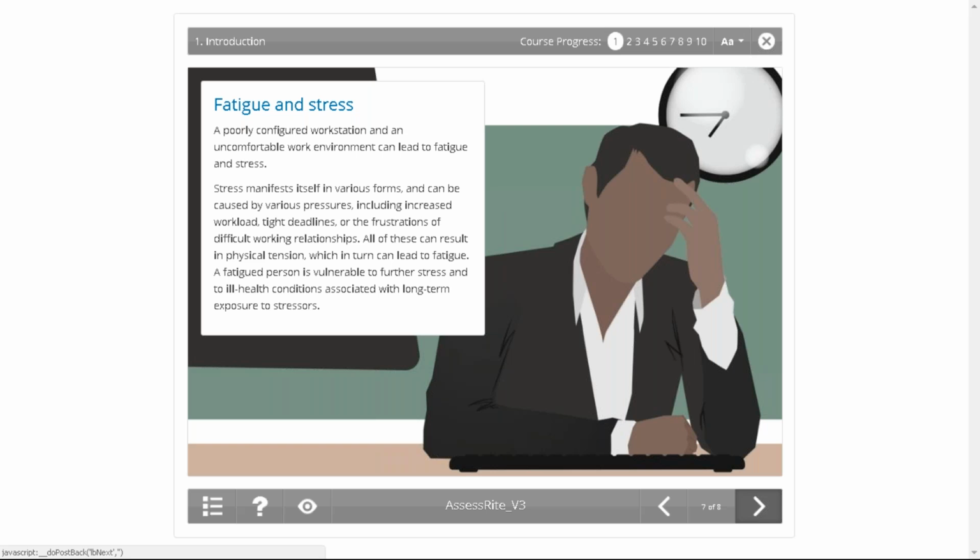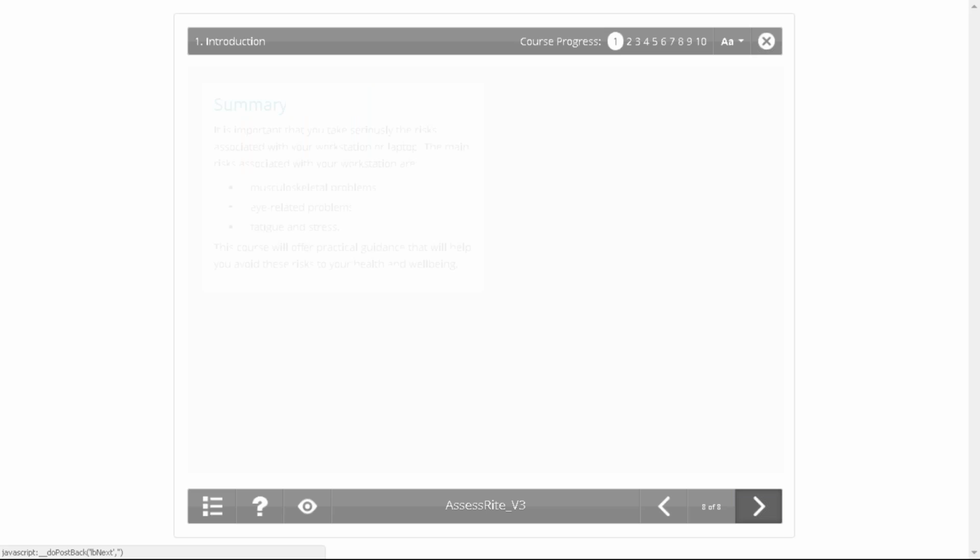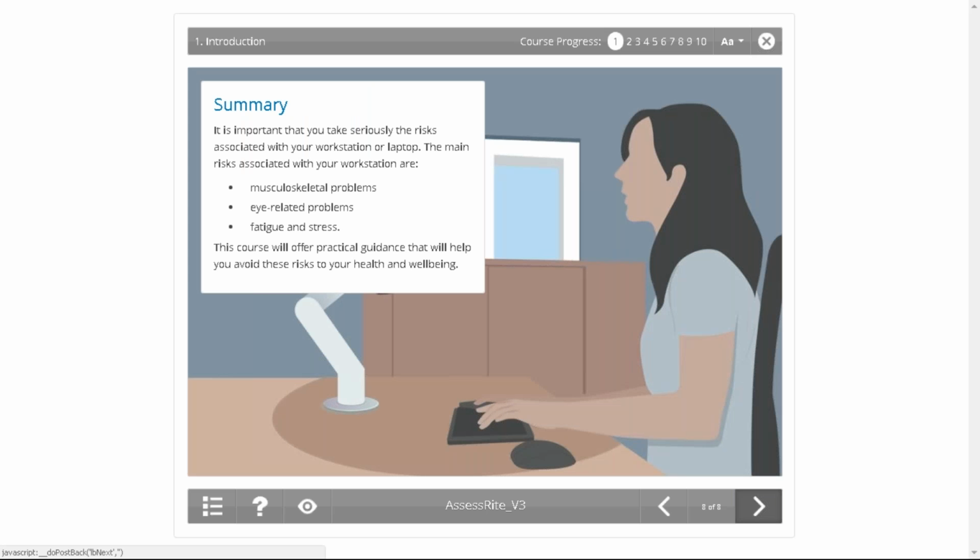A fatigued person is vulnerable to further stress and to ill health conditions associated with long-term exposure to stresses. So it's important that you take seriously the risks associated with your workstation and laptop. The main risks are musculoskeletal problems, eye-related problems, fatigue and stress, and the course will offer practical guidance that will help you to avoid these risks to your health and well-being.